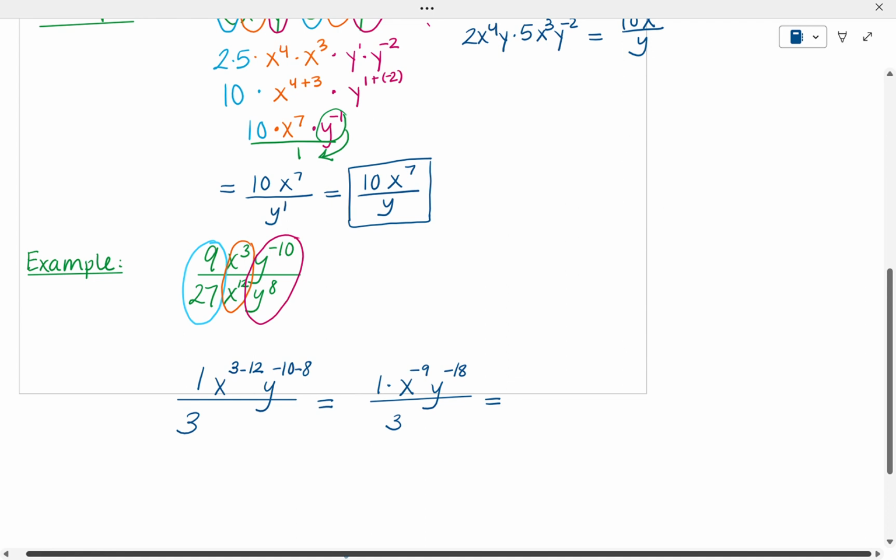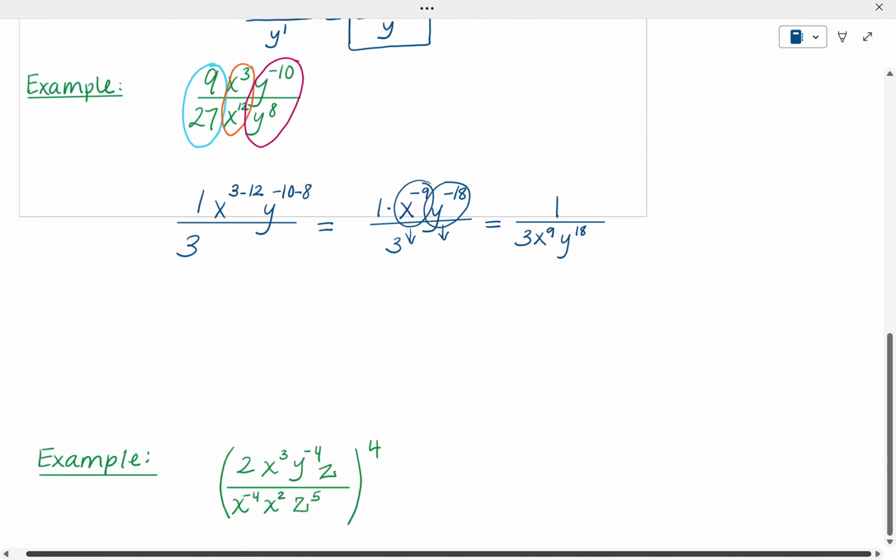So to make these exponents positive, we have to move both terms to the denominator. So this will become 1 over 3 times x to the 9th, y to the 18th.